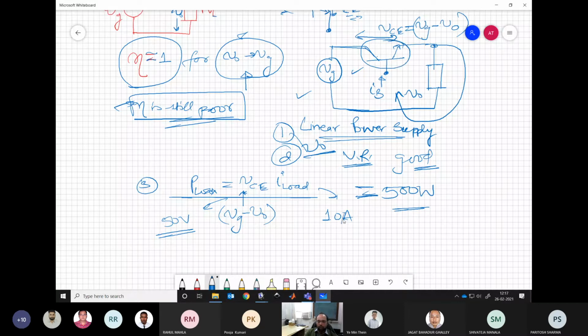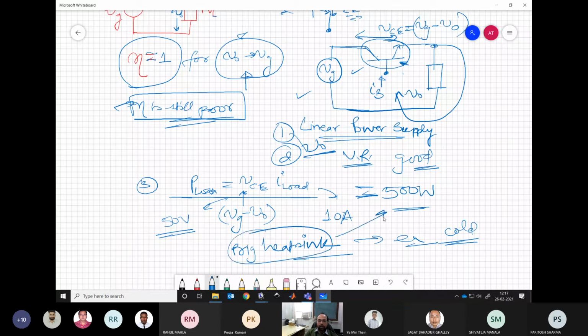So to maintain the temperature and other parameters, we need to put a big heat sink to dissipate that power which is generated to the environment. Which means to keep the device cold, we need a big heat sink to dissipate all this 500 watts.